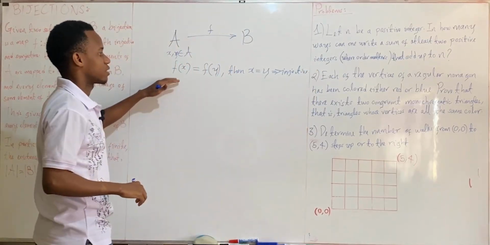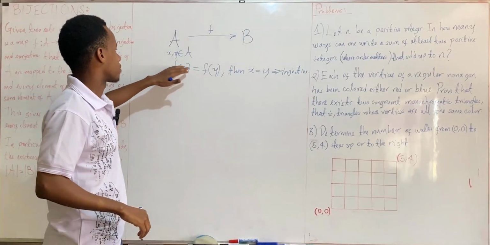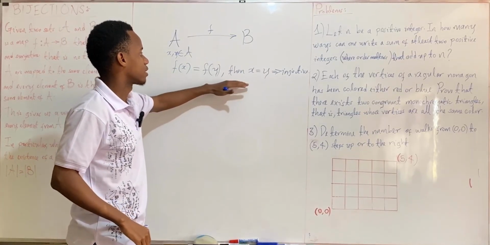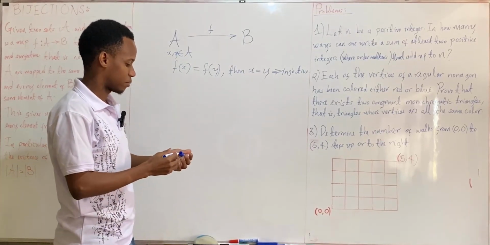So we say that a function is injective if for two elements of A whose function values are the same in B, then they have to be the same.